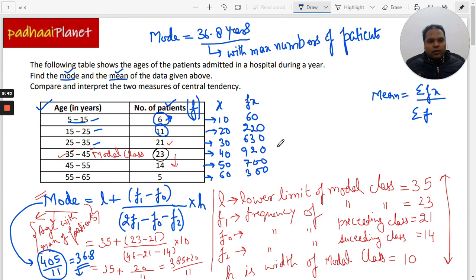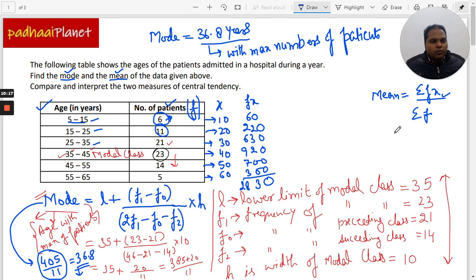Now we need to find out the sigma fx so that we can put this in the formula. Let's add this properly so that we don't miss out on anything. 2, 8, 3, 11, 11 and 2, 13, so 1 goes as carry. 3, 9, 9 and 9, 18, 18 and 7, 25, 25 and 23, this is 28.